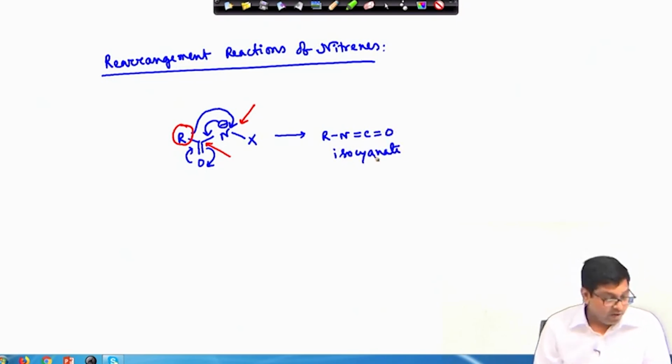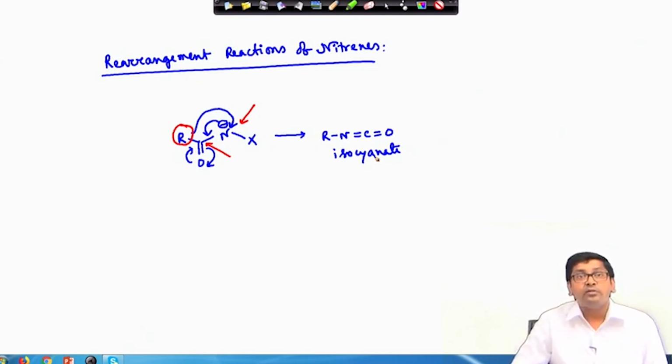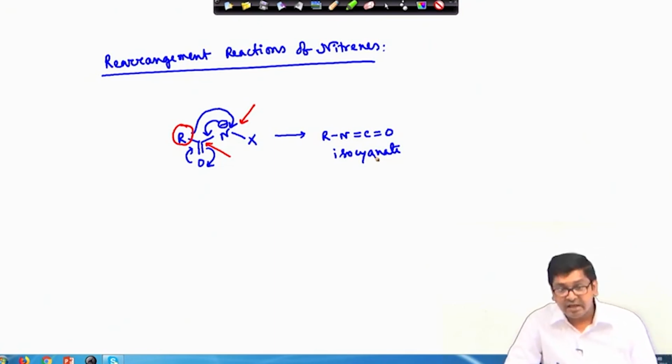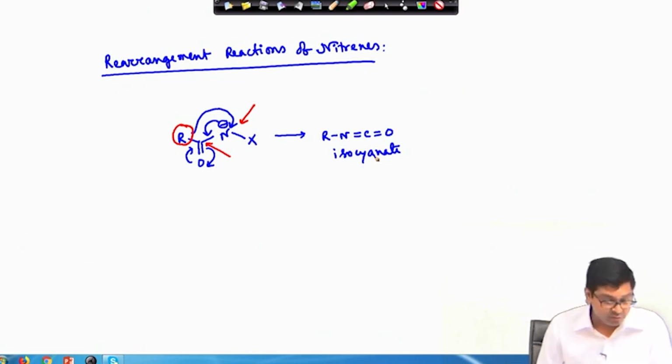Various types of rearrangements are possible for this, basically rearrangements with electron deficient nitrogen species. We will not say that these reactions go directly through nitrenes, but in general they go through electron deficient nitrogen species. We will see how these reactions work.